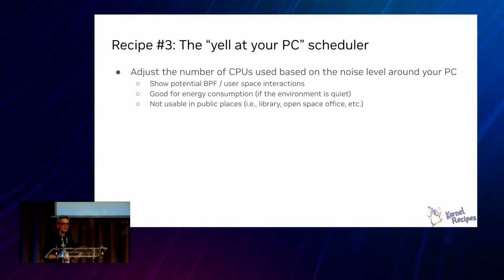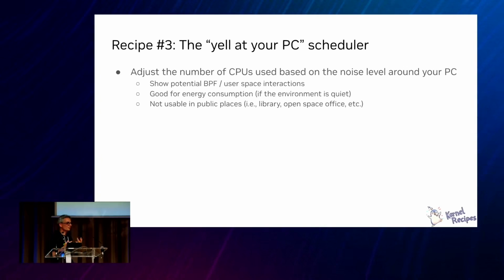Essentially this is moving the load balancer into user space. It's load balancing in a dumb way, but it's still a load balancer. And it's really easy. You can implement the whole thing in user space and periodically store a number from user space to BPF, and BPF will implement the logic to distribute the tasks across the CPUs.